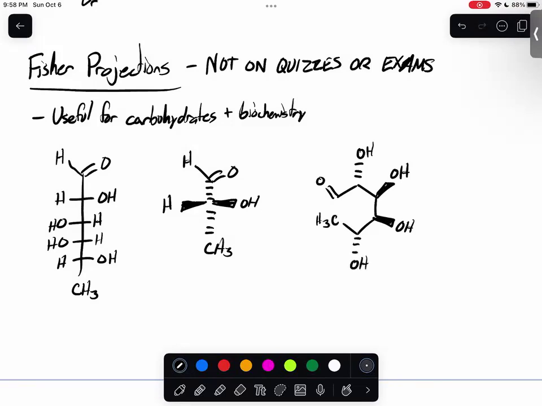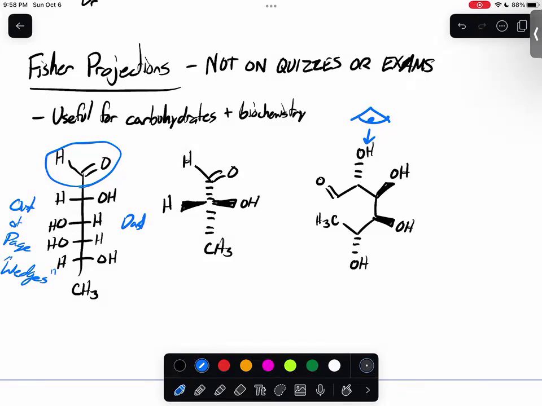So it's like we have an eye that's sitting up here and looking down. And so essentially what that eye is seeing is, off in one direction, this carbonyl with the hydrogen attached to it. And then coming out of the page is what's on the left side, right? So that is what is on our wedges, quote unquote. And then on the other side is what is essentially on our dashes, quote unquote. But the thing is, with all the bonds being rotated like this, they don't look normal, and that's why I don't want us to focus on them for this class specifically.